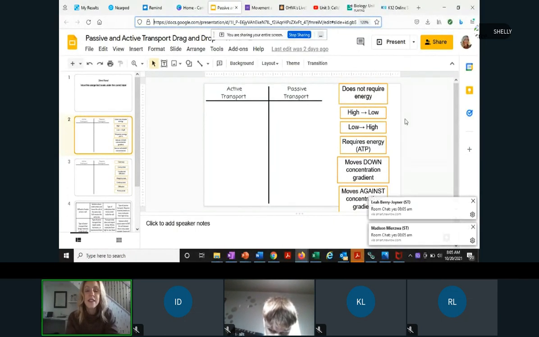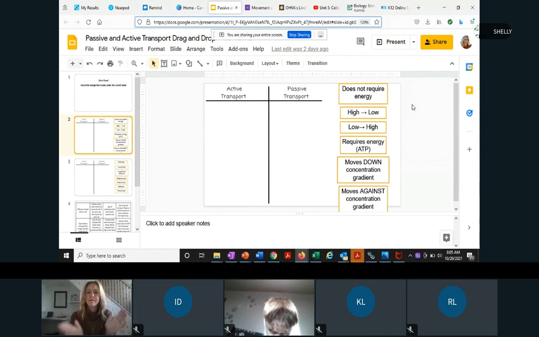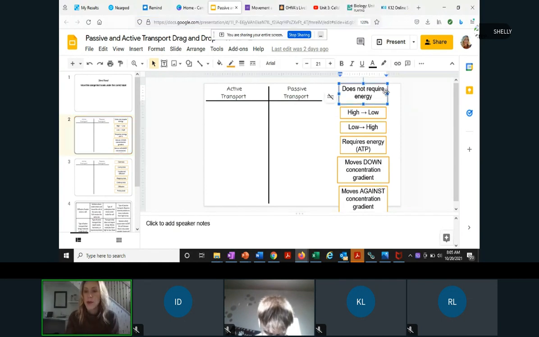Perfect. All right, so let's do this matchup really fast. I can send this to you if you would like to have this document so that you can do this on your own to review. So where does "does not require energy" go? Where do we want to move that?